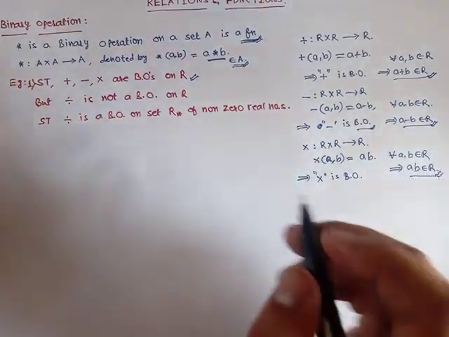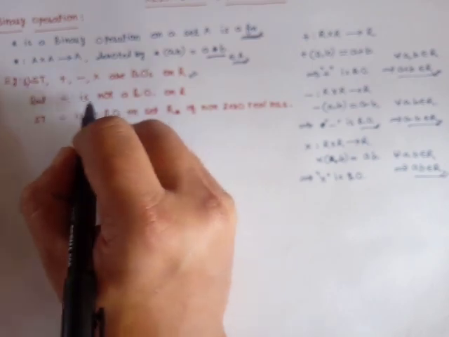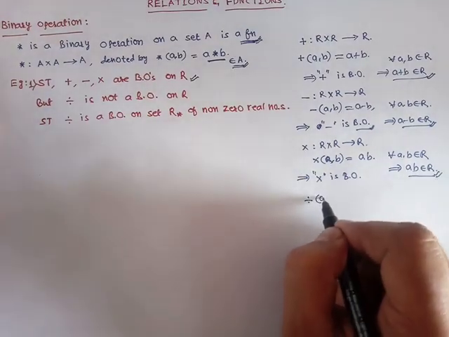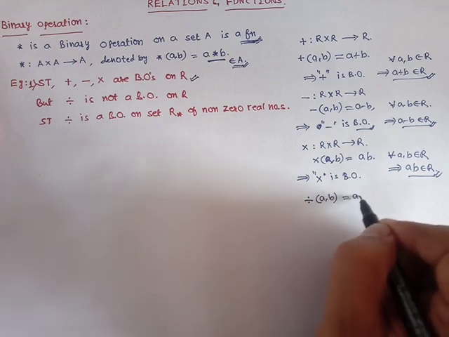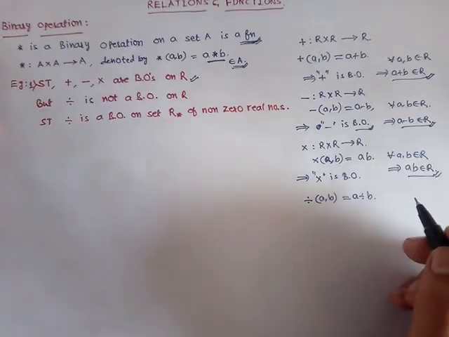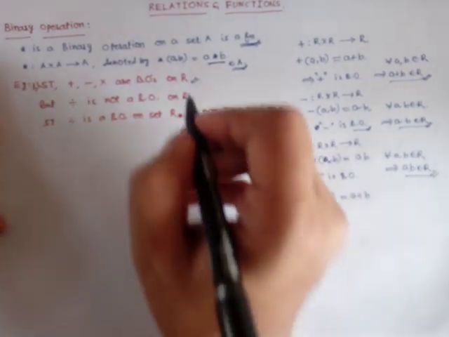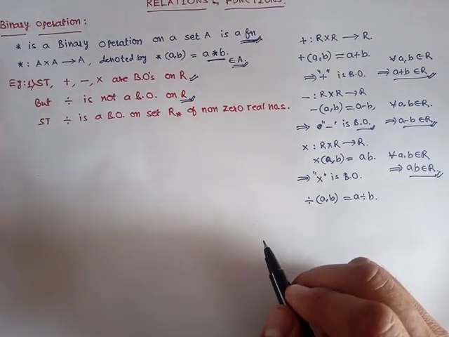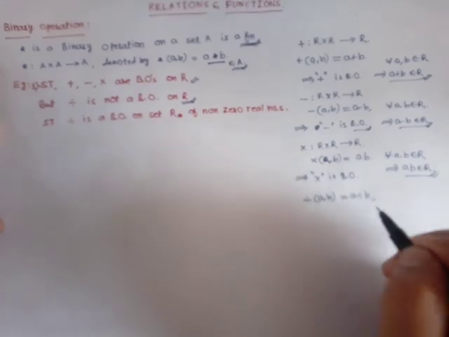And coming to the next, division is not a binary operation on R. Taking the division of A comma B is equal to A divided by B, and it is taken on the real number system. So A and B can take any value from the real numbers.